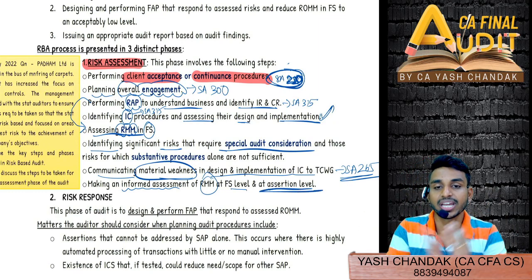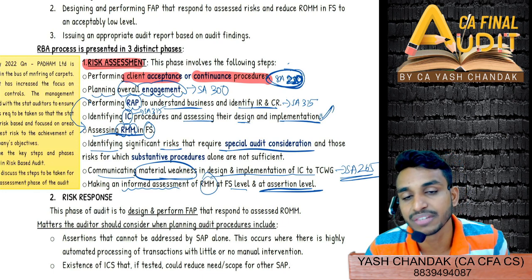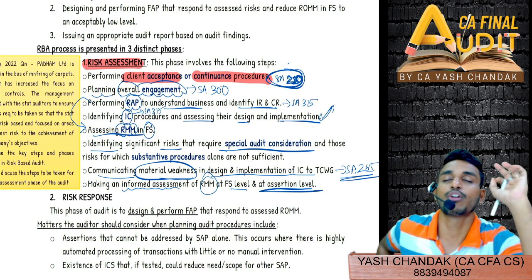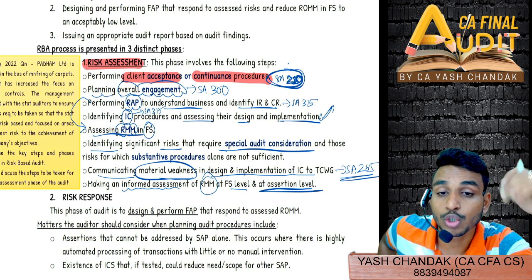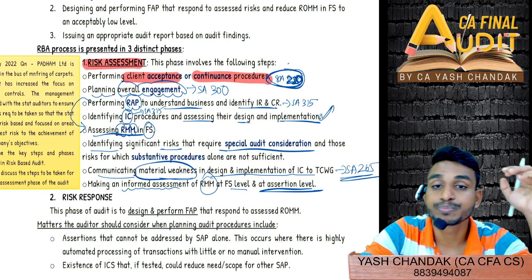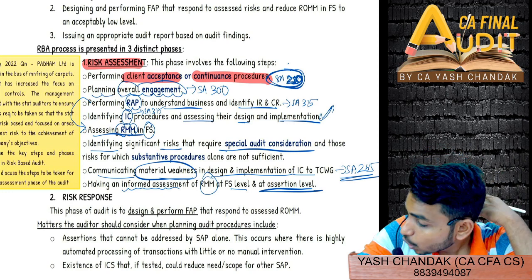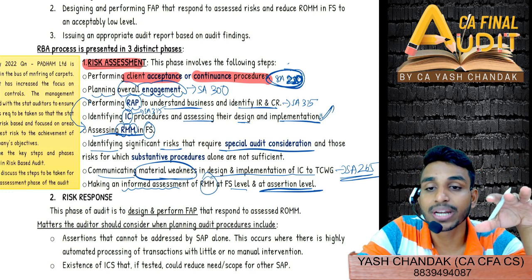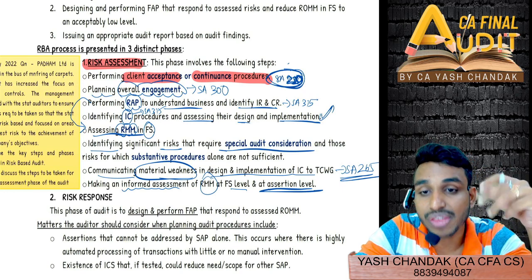So now you have finally arrived at your ROMM: yes, this is my final assessed risk of material misstatement. Again, let's discuss. First, I followed the SA 220 compliance procedure, where I checked whether we should accept or continue with the client or not. Then I went through SA 300 planning. Then SA 315 RAP to understand the inherent risk and control risk to identify the ROMM. For that, I identified internal controls, whether they are implemented properly and designed properly.